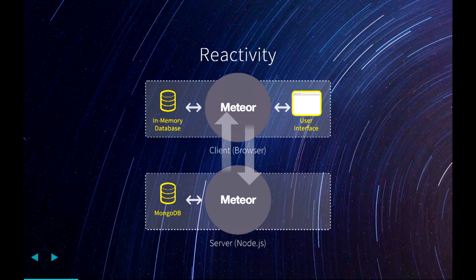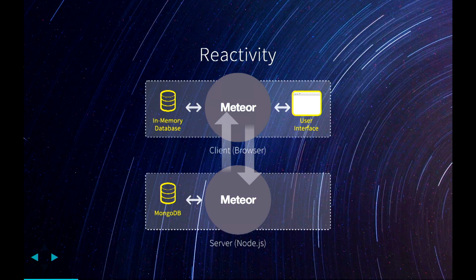Finally, the last feature I want to talk about is reactivity. Like I just said, Meteor maintains a copy of your data in the browser. Whenever that data changes on the server, that browser copy will also be updated.